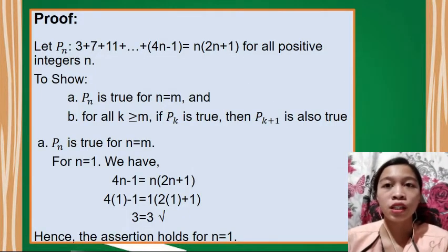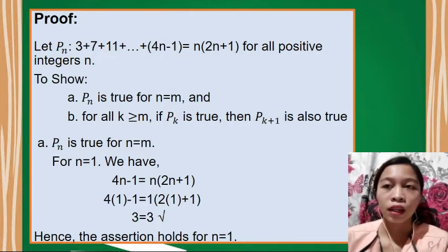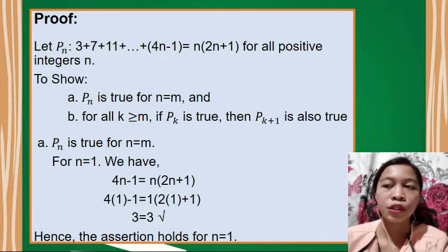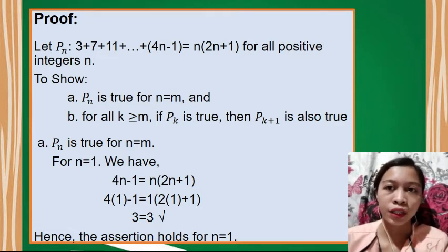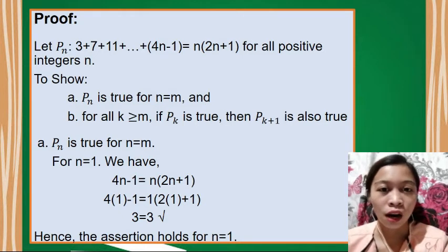So we first let P(n) be 3 plus 7 plus 11 plus dot dot dot plus 4n minus 1 equals n times 2n plus 1 for all positive integers, and this is actually our problem.